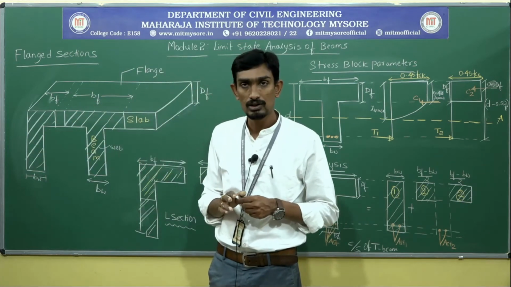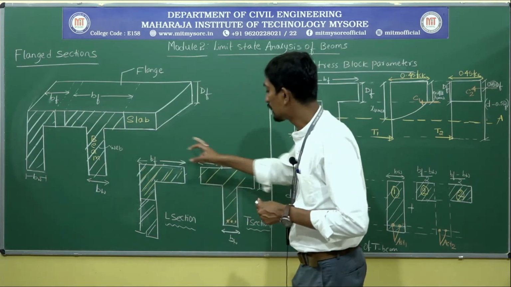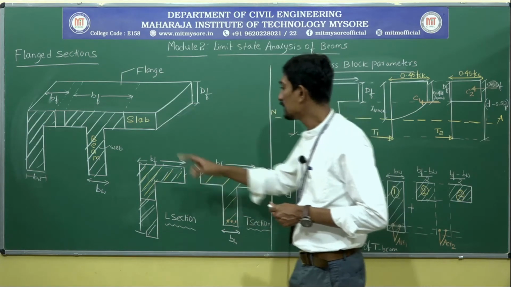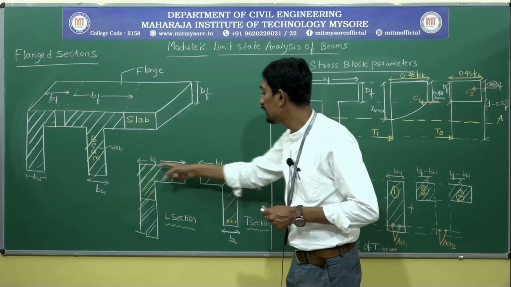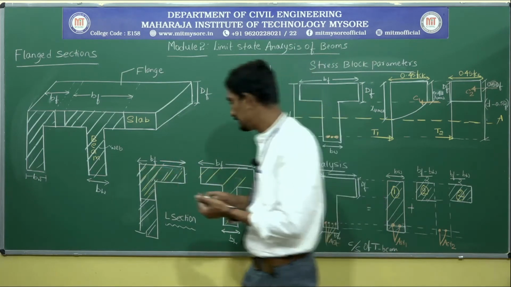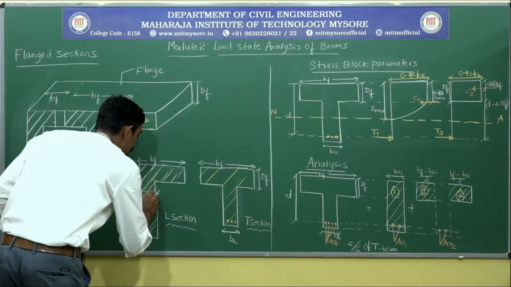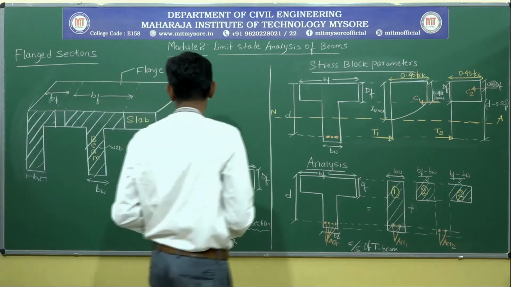Is it clear? So this is one part written, and you can see the 2D diagram also has been drawn. See, this will be the width of the flange, that is BF. And this will be the width of the web, that is called BW.